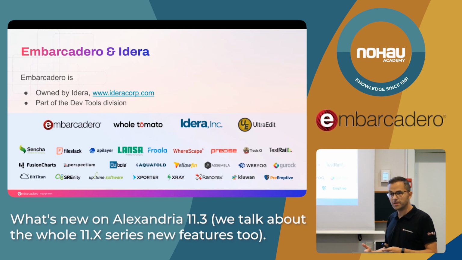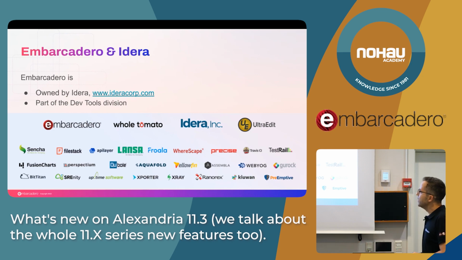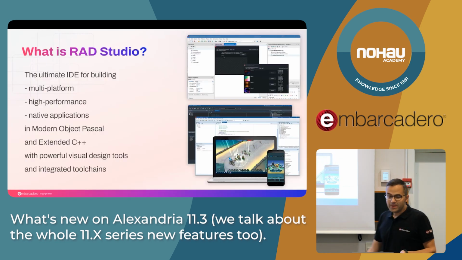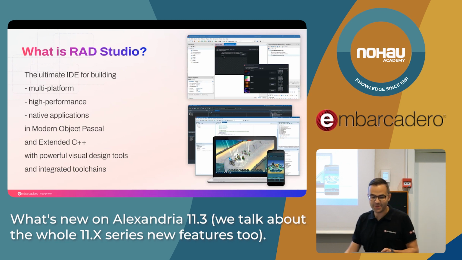So all these synergies are very, very nice. I think I'm going to skip this one because I'm pretty sure you all know what RAD Studio is. That's pretty much a multi-platform, high-performance IDE to create native applications in modern Object Pascal or C++.